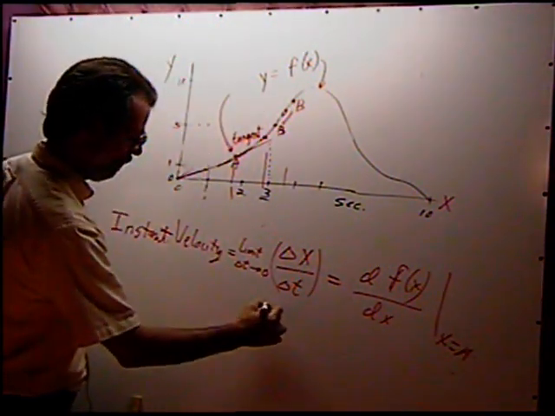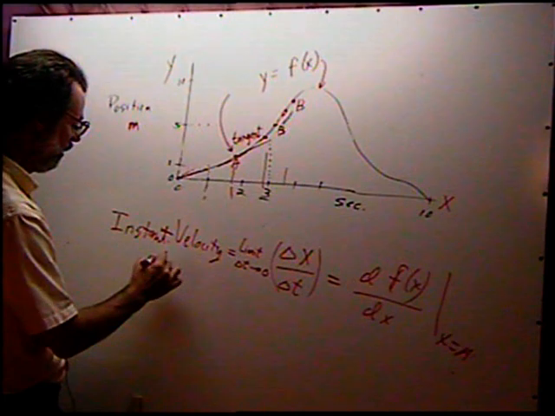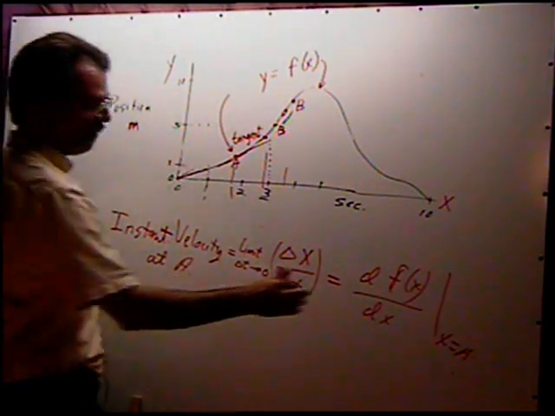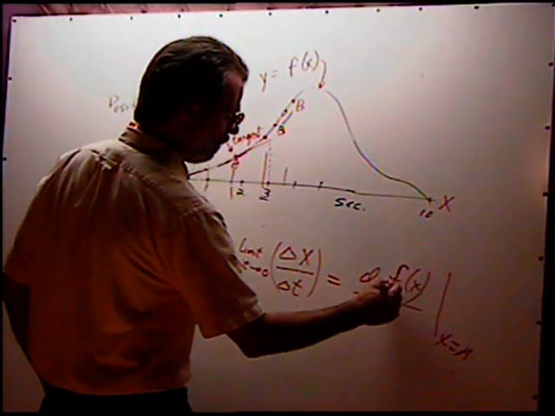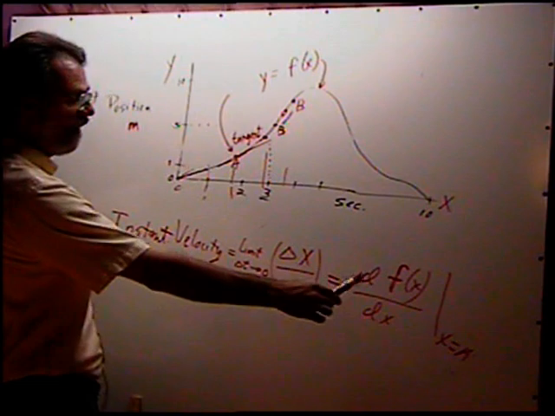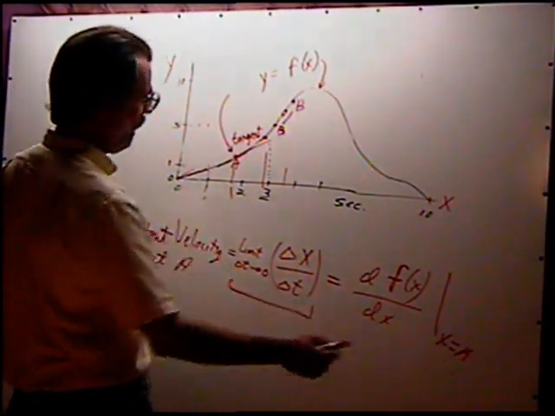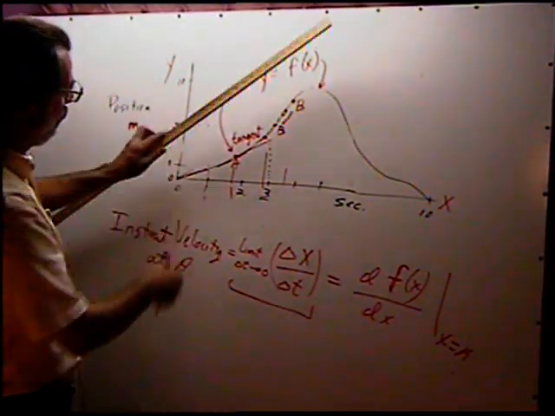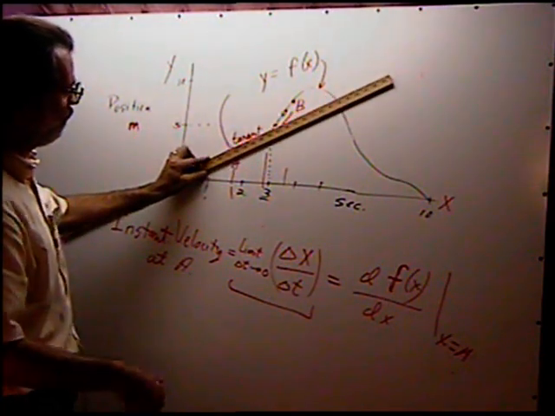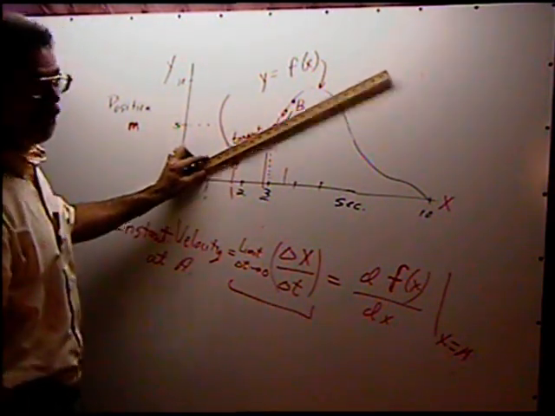If we're trying to find the instantaneous velocity at point A, at x equals a, we take the derivative of the function and evaluate that derivative at x equals a. That numerically is equal to the tangential slope of that line right at that point.